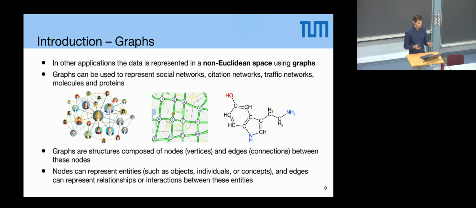Also, we cannot store the data directly as a tensor, and if we have different social networks, different samples, we cannot stack them across a batch dimension for efficient processing in a GPU. So we will see how to do this using graphs and graph neural networks. Other examples are traffic networks and molecules, and of course we have seen before that graphs are useful when working with physical problems.